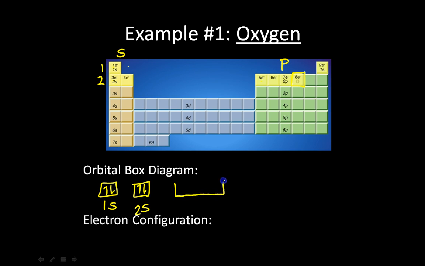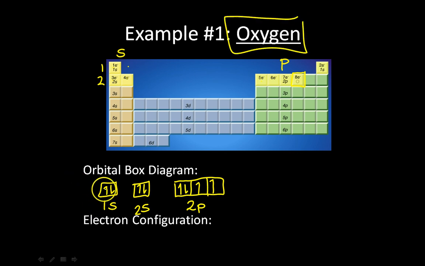Now remember, p orbitals occur in sets of 3, and each orbital can hold 2 electrons. But we only need to put 1, 2, 3, 4 electrons in there. So we need to follow the empty bus seat, or Hund's rule, by putting 1 electron per box before we pair them up. So that would be our box diagram for oxygen.